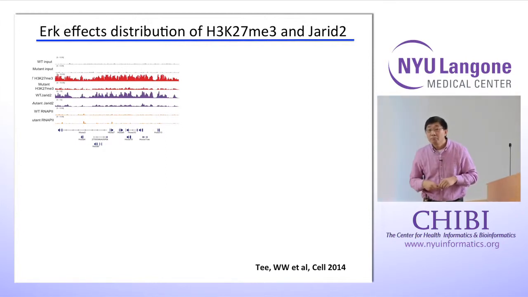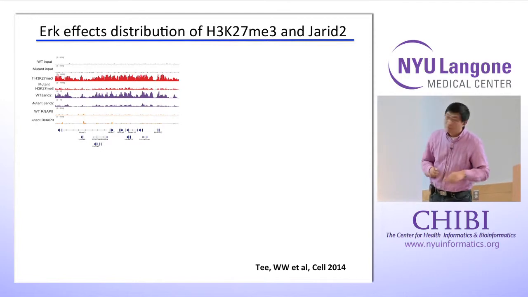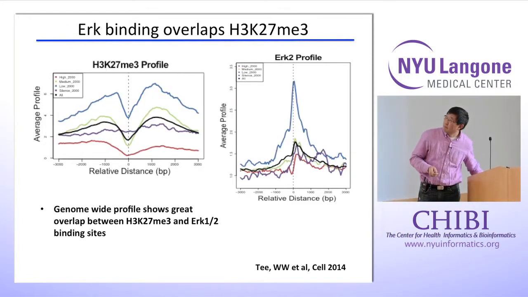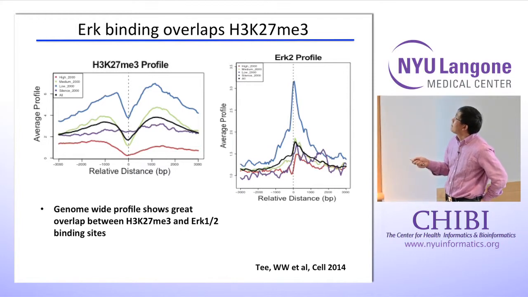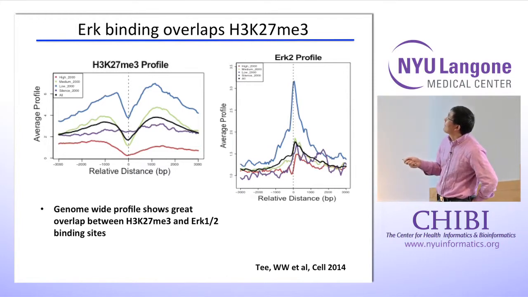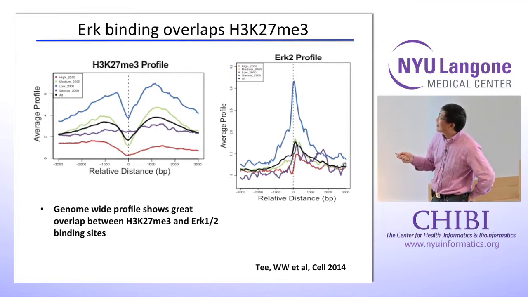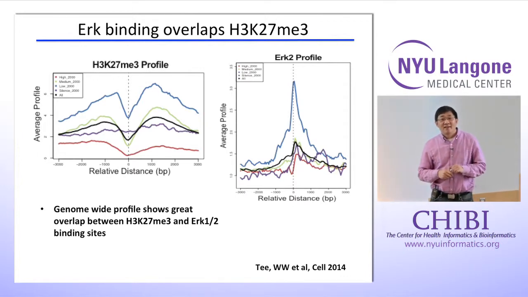If you compare the K27 profile with the ERK profile around the TSS, they look kind of opposite, like the ERK is binding where you don't have as much K27. This is the ERK peak, and this is the TSS, so the peak region of ERK is somewhere here, not exactly at the TSS.